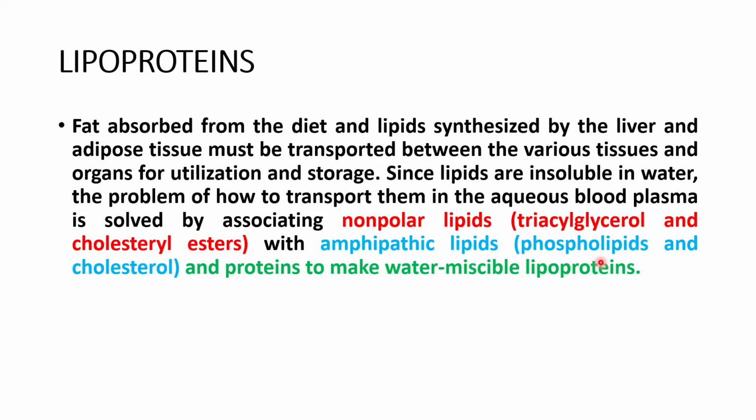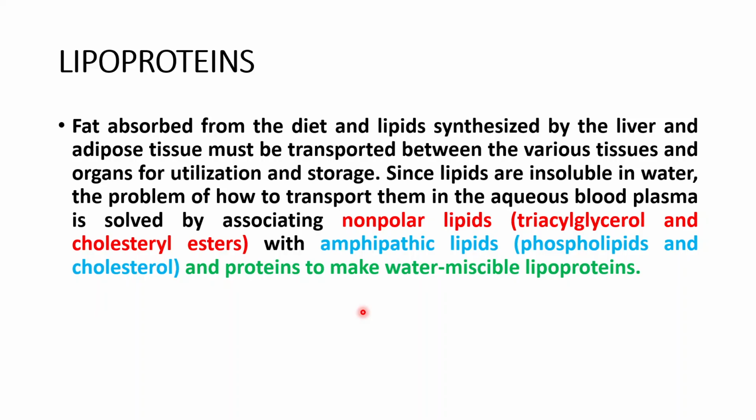So phospholipids: you have fatty acids, you have nitrogenous bases, a polar head group is there, fatty acids are there. The hydrocarbon chains in the fatty acids act as non-polar moieties, and the polar head group is there, and cholesterol.